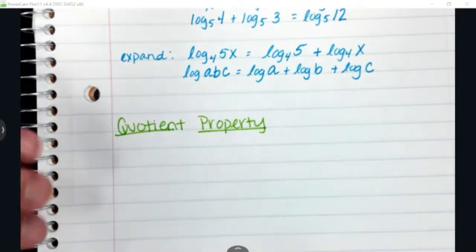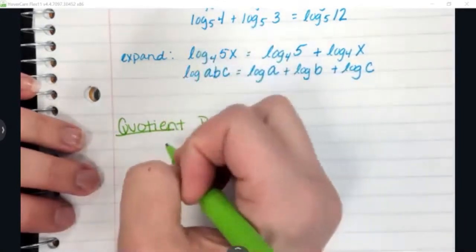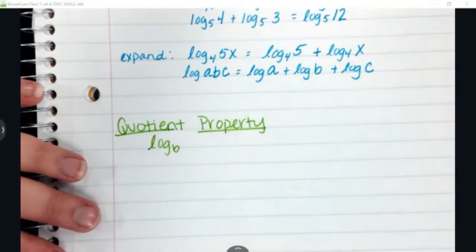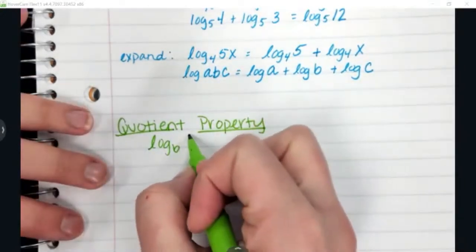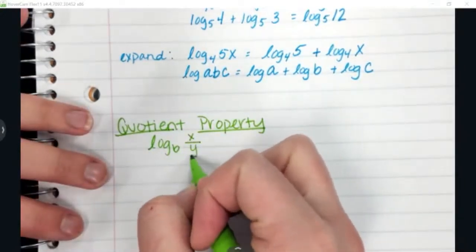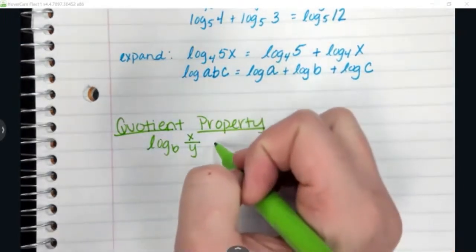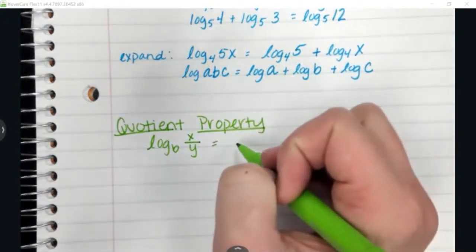We are subtracting. All right, if I have log base b of x divided by y, so division goes to subtraction, just like exponent rules.